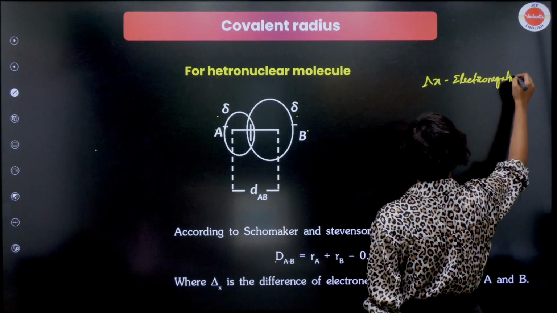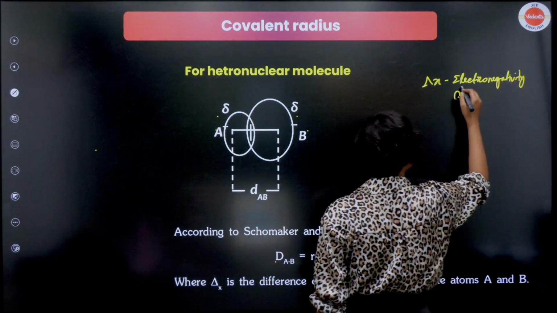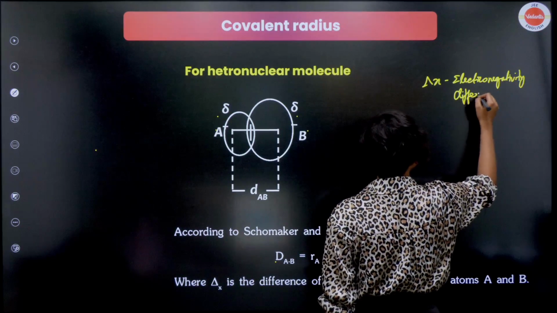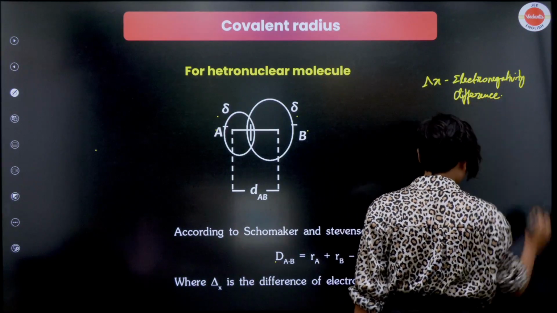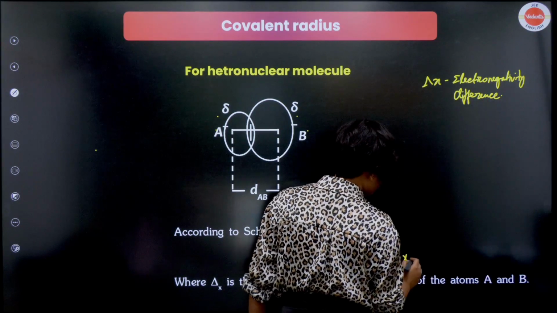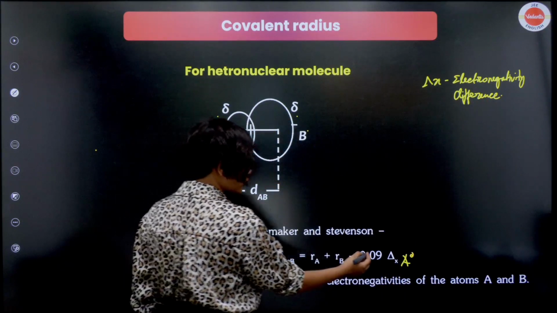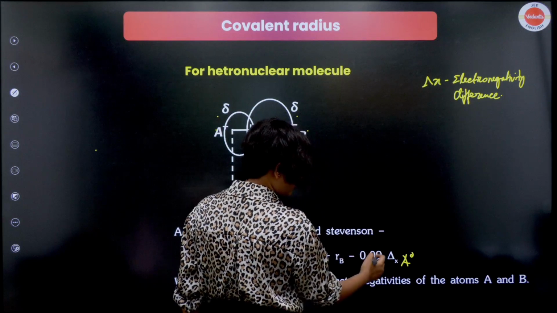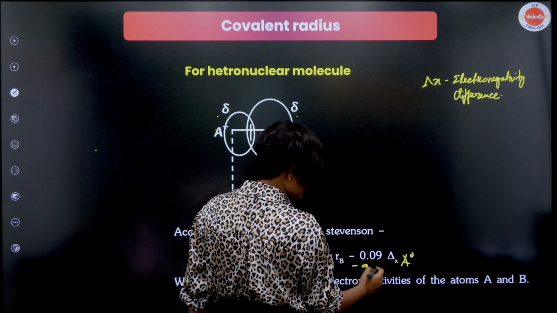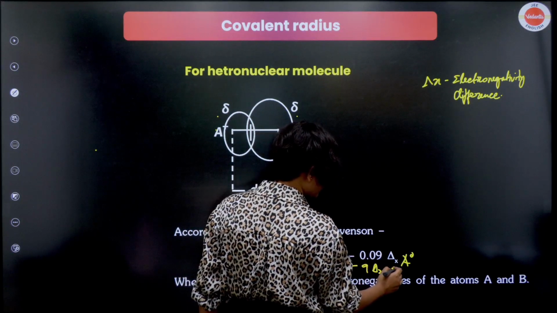Now this is when you want to find it out in angstrom. If you want to find it out in picometer, then instead of writing minus 0.09, you are just going to write minus 9 delta x. That will be in picometer.